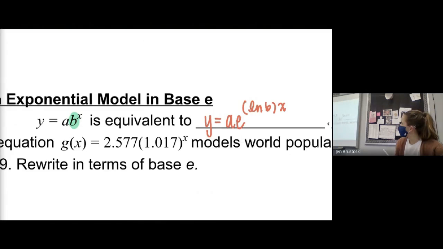All we did was take that b and put it in the exponent, because this e and this ln cancel out.